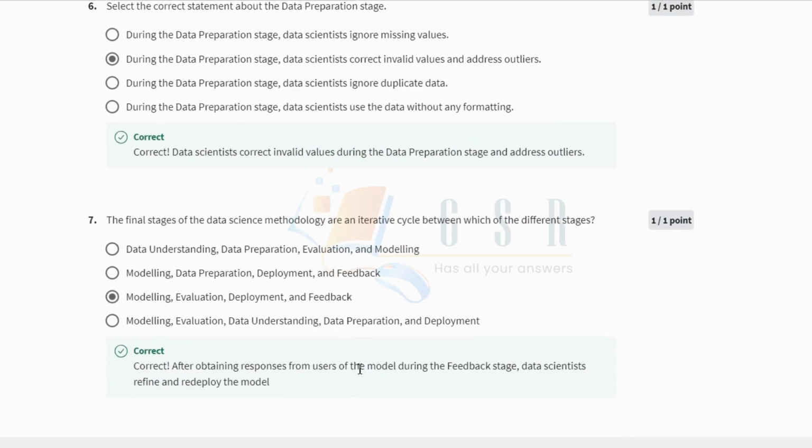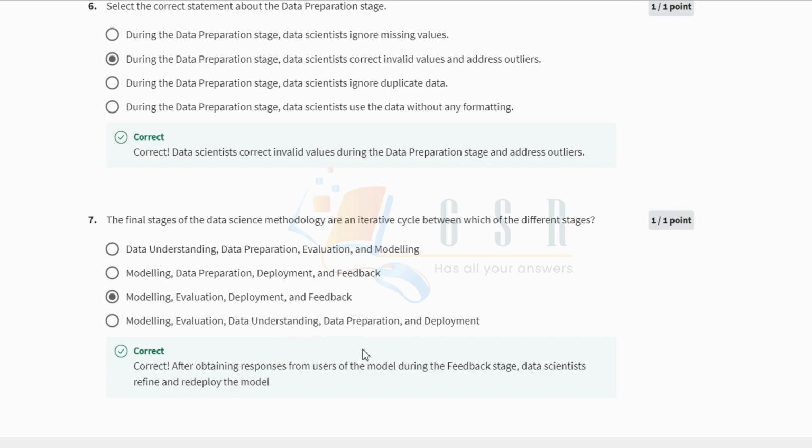Seventh one is the final stage of the data science methodology are an iterative cycle between which of the following stages. So the stages are modeling, evaluation, deployment, and feedback. Why are these stages? Because before this, there are some static tasks like we have data understanding and data preparation. So these tasks are not iterative because you're not going to do all the things again and again.